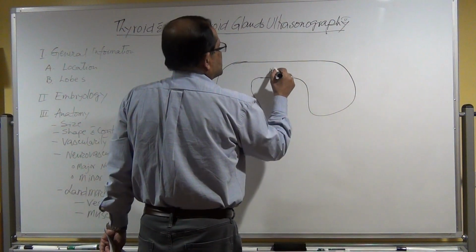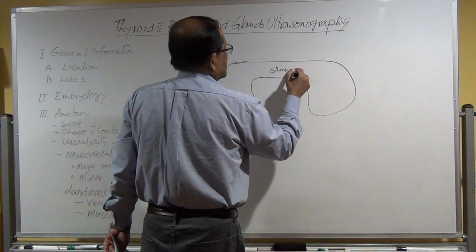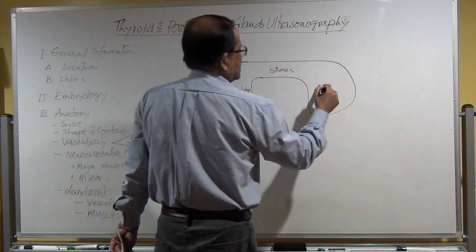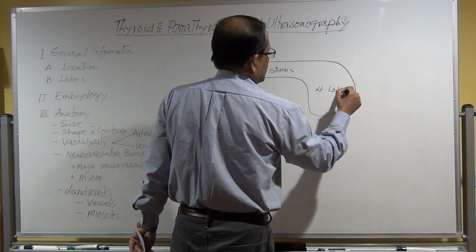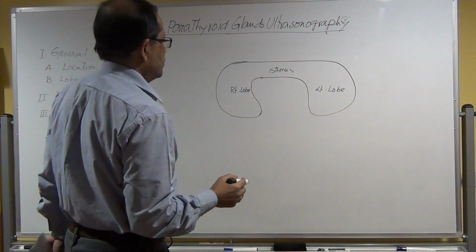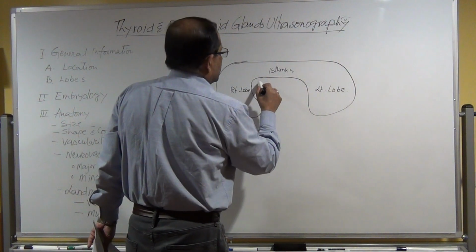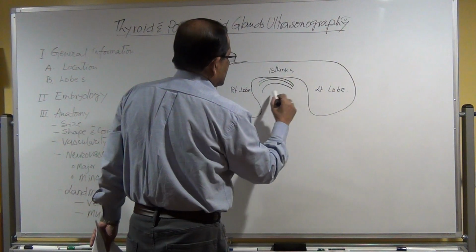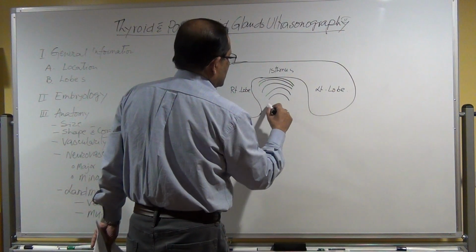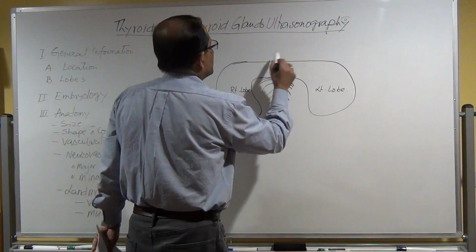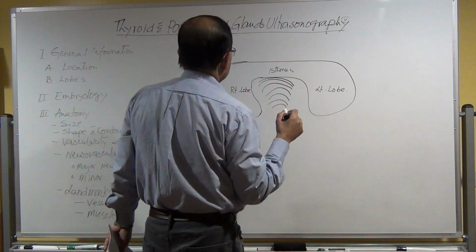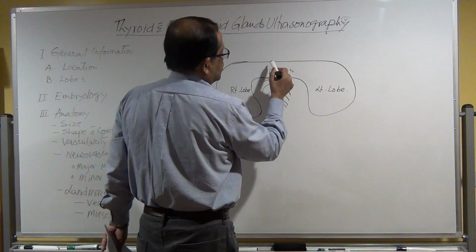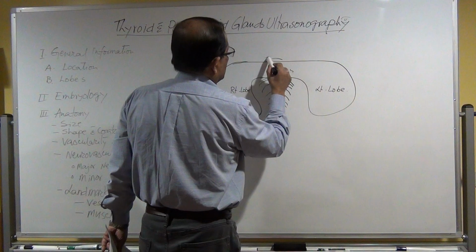So this is isthmus, this is right lobe, and this is left lobe. You will see the tracheal ring. It is anterior to the tracheal ring, so you're not going to see it, but you will see the trachea over here too.